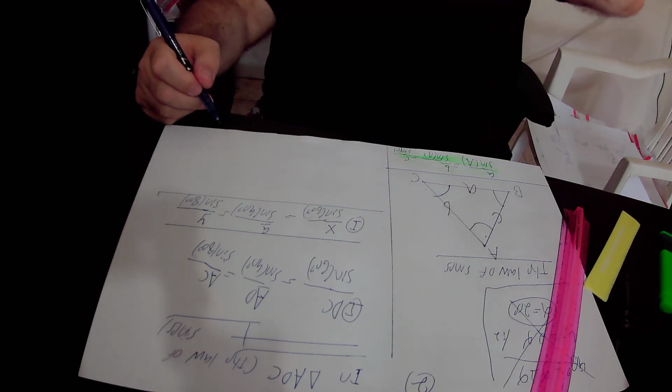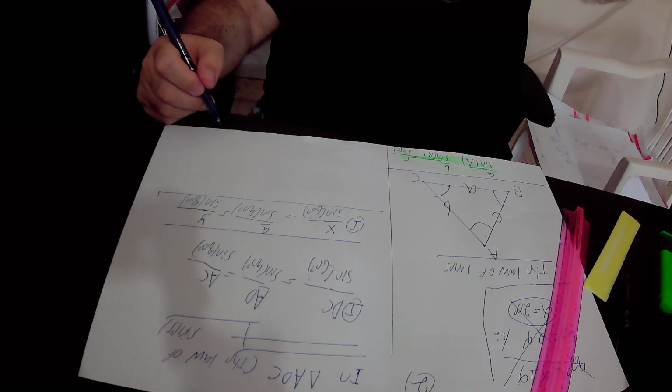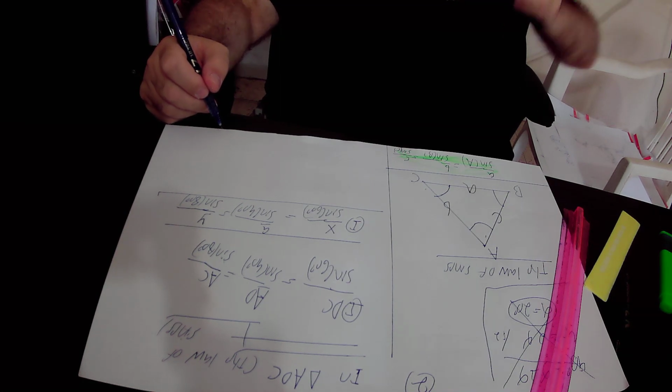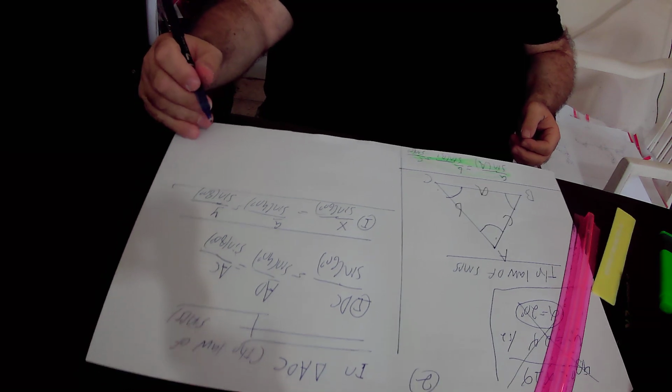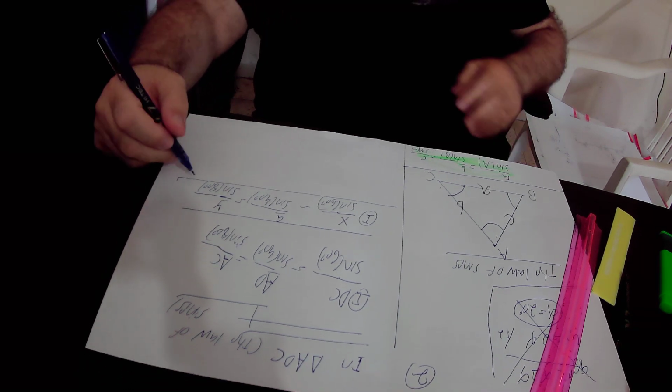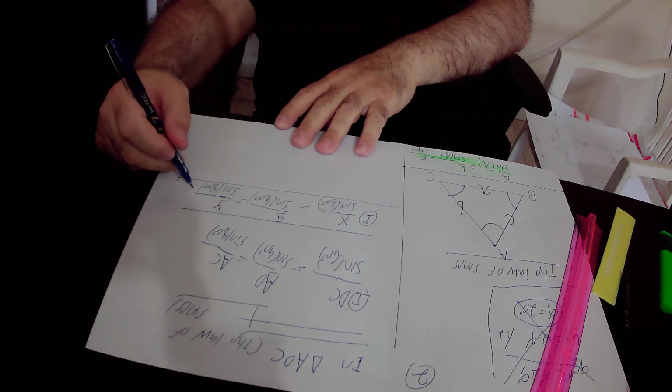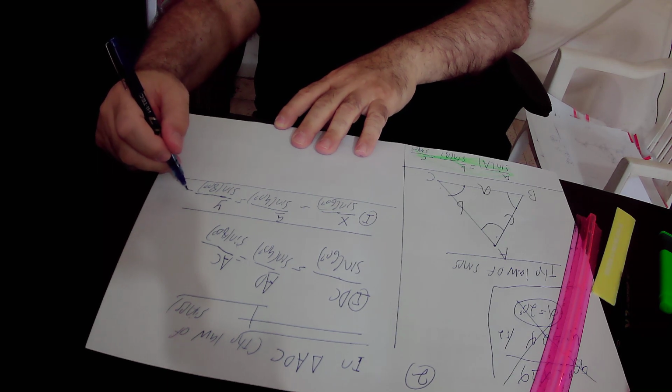So we have here three expressions that are all equal to each other. We will define the value of each expression as k. Therefore we can write here that all the expressions are equal to k.